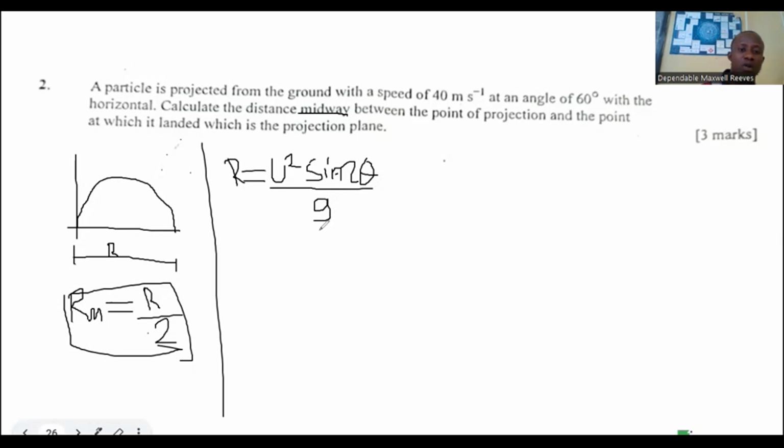Since we are calculating the distance midway, we divide the range by 2. So dividing this by 2, we'll have our new formula for the range midway.